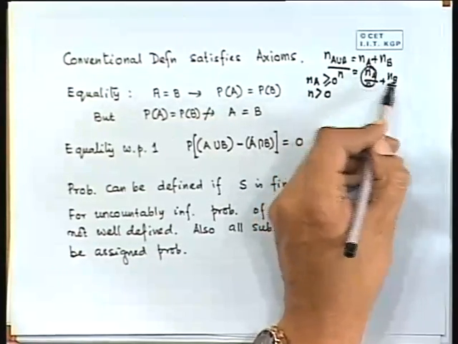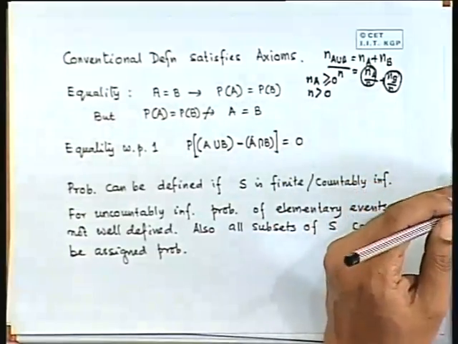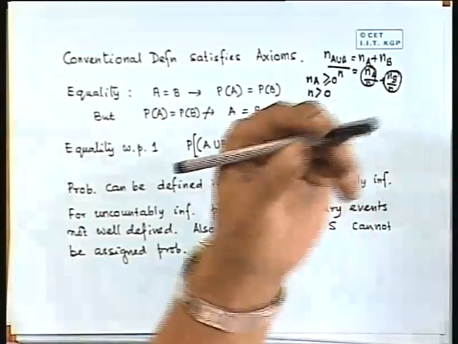So this is probability of A plus probability of B. So the relative frequency definition is just one of such probability assignments. There could be an infinite number of other ways of assigning probability to events, but the relative frequency definition which we studied in school happens to satisfy the axioms, right? So it's a generalization actually.